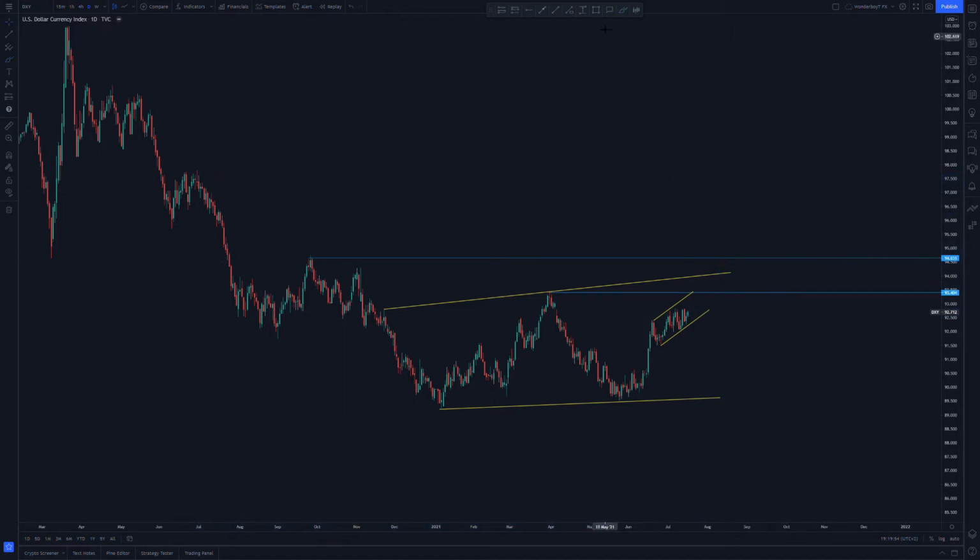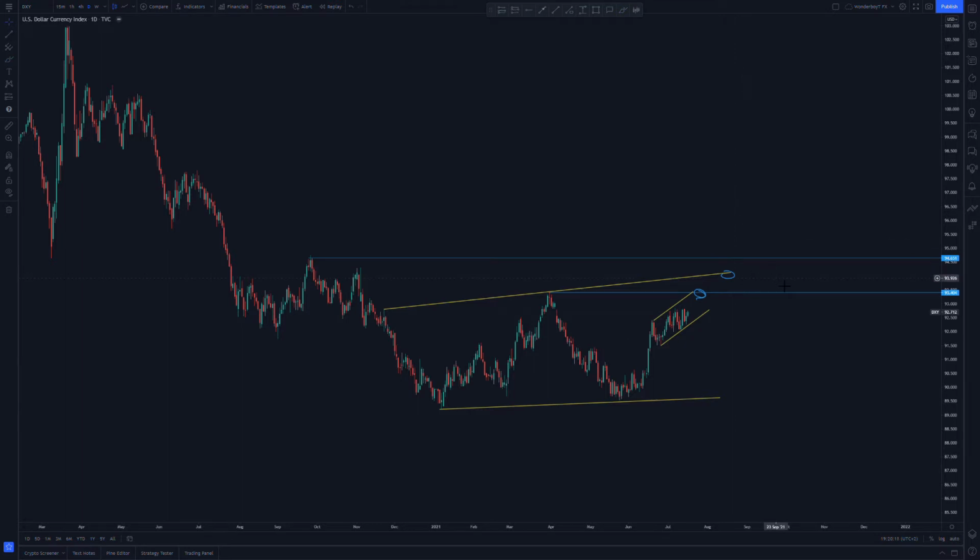Then if we reject from here or here, I'm waiting to see some confirmation of it, then going to the downside. From this, I'll see if we get some opportunities on dollar related pairs.